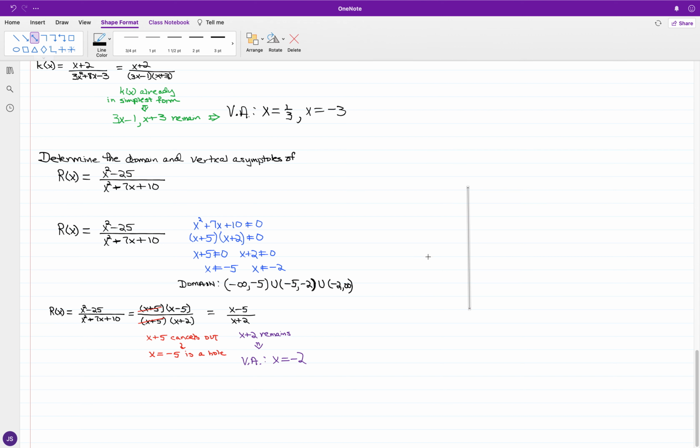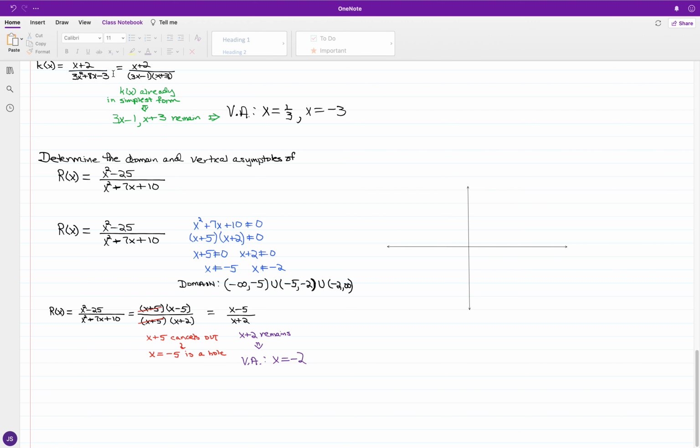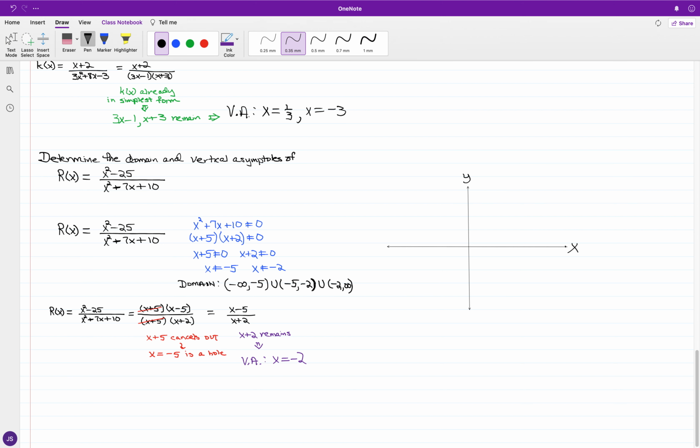Just looking at what we have, at least for the dynamic. Okay, so we've been looking at, once again, just domain and vertical asymptotes, and there will be other types. Let me just mention, in case you have x equal to -2, again, that is the only vertical asymptote we have.